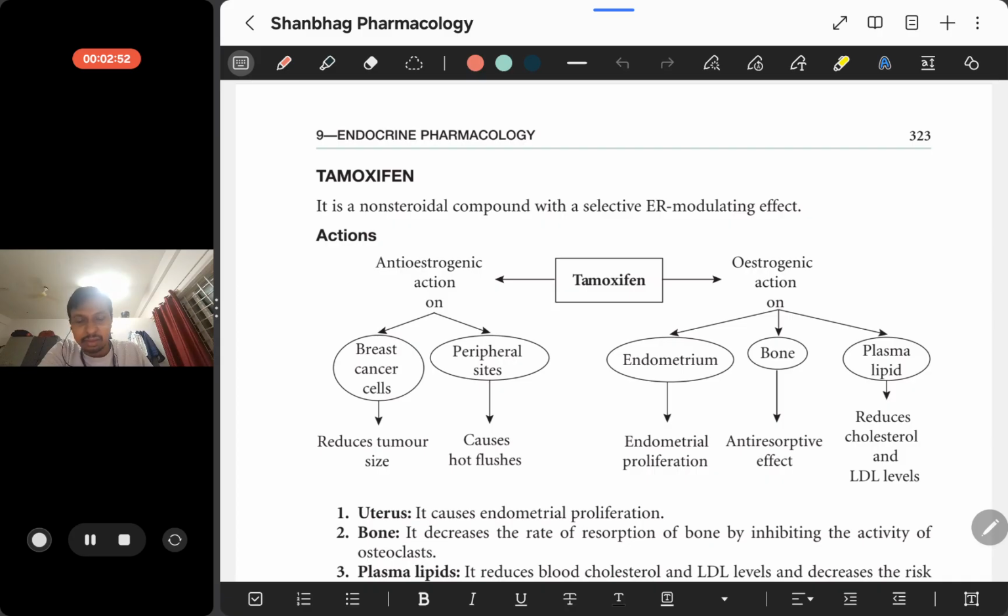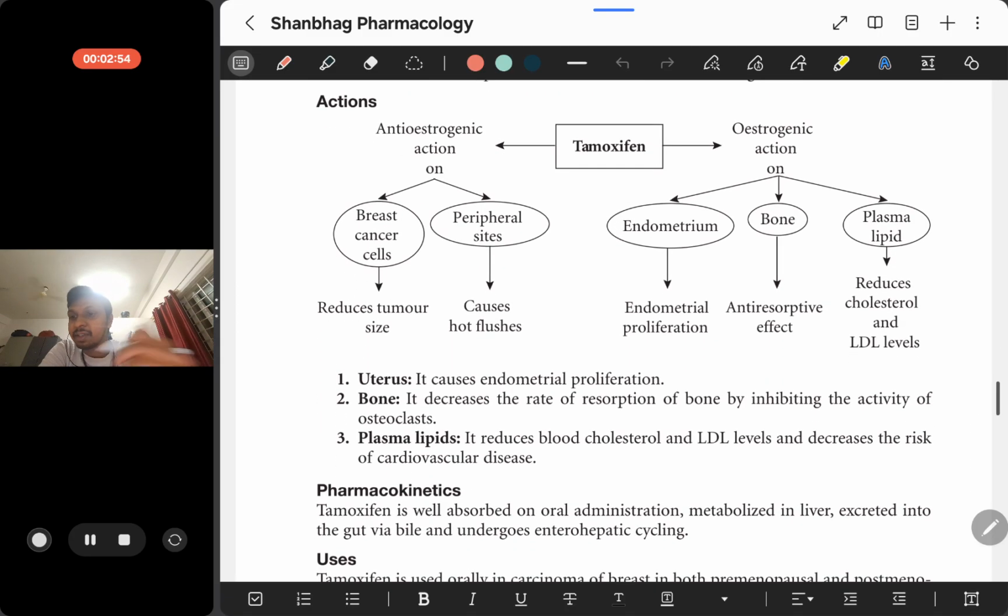Now let us see in what tissues what it causes. Basically on the uterus, it causes endometrial proliferation. In the bone, it decreases the rate of resorption by inhibiting the activity of osteoclasts. Basically, in the bone there are cells called osteoblasts and osteoclasts.